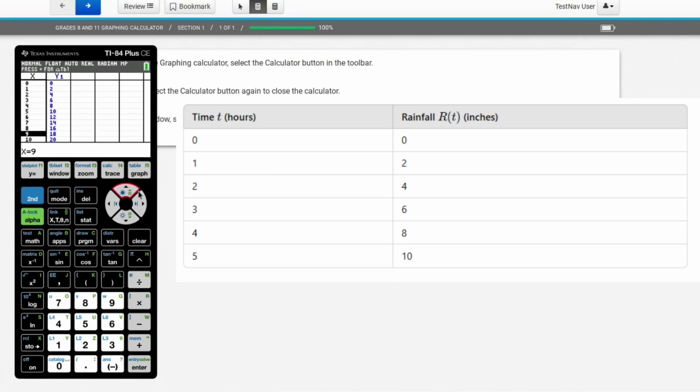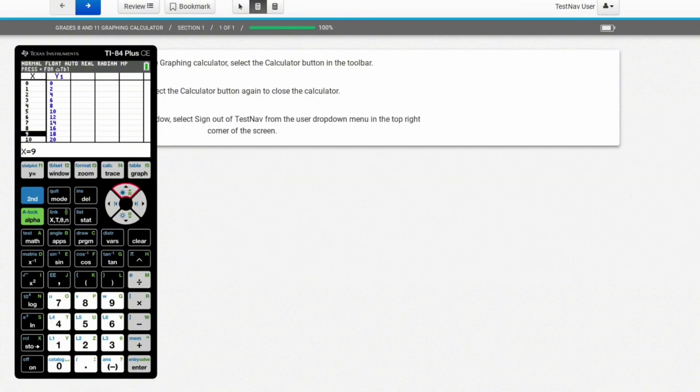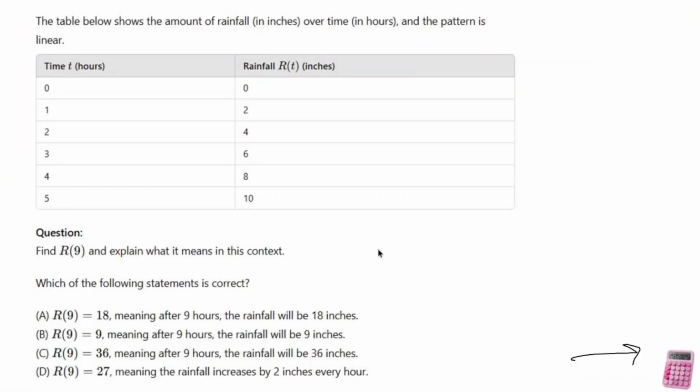All right, so let's go back to the problem, answer that, and explain what that means in this real-world context. So r of 9 ended up being 18. Now what that means is this was a t, and this is r of t. So that means after 9 hours, we can expect 18 inches of rainfall. And that's what we get here for A.